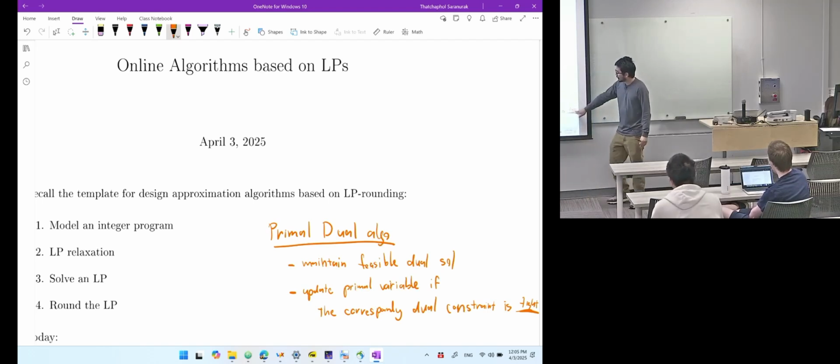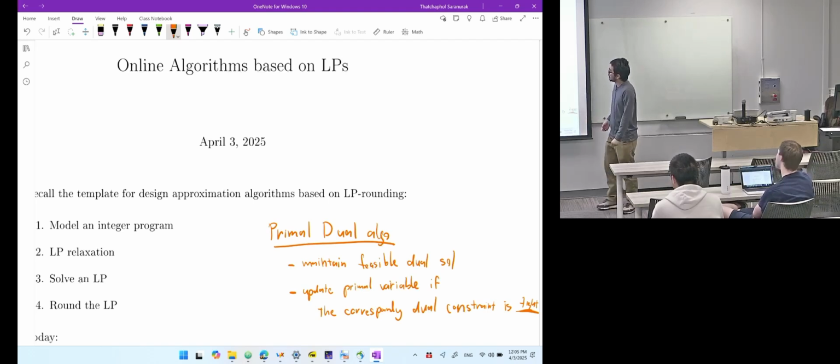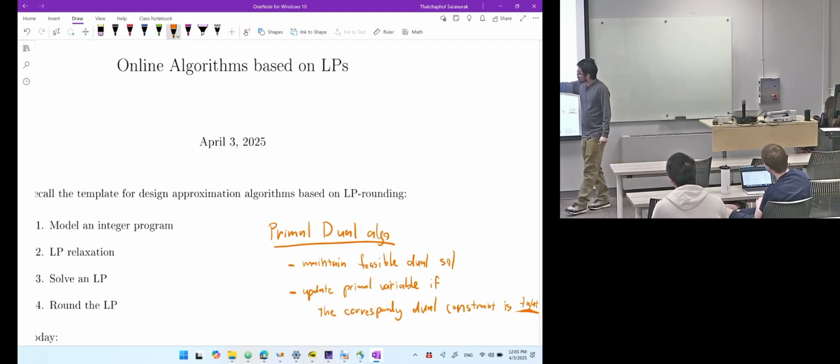But when we say that it's a primal dual algorithm, people usually take it more generally. That is, it's just some algorithm that maintains both solutions and tries to reason about primal using dual. Okay, so today we will use primal dual in this loose sense.